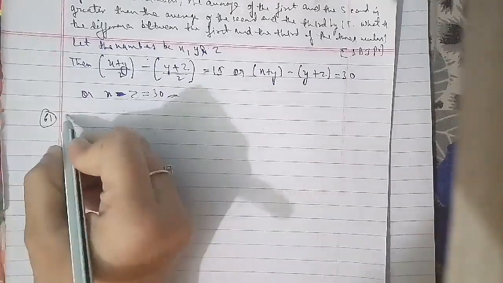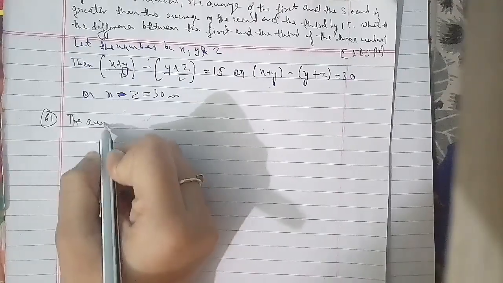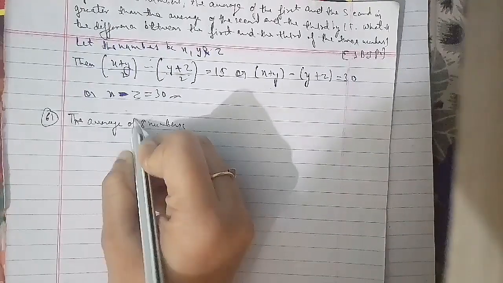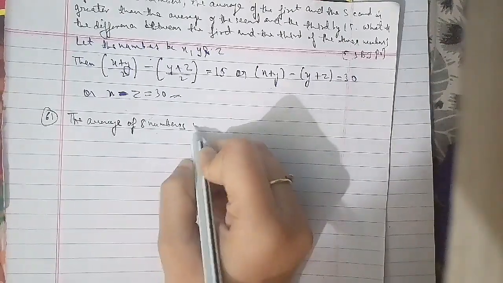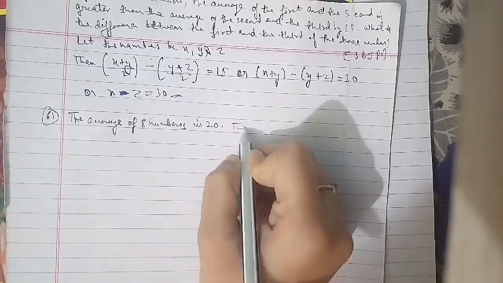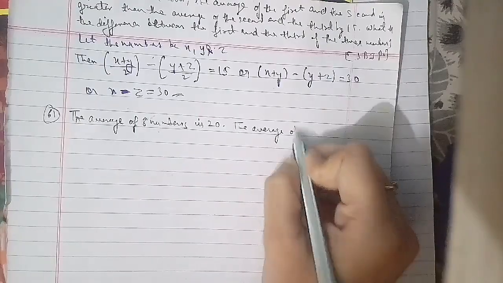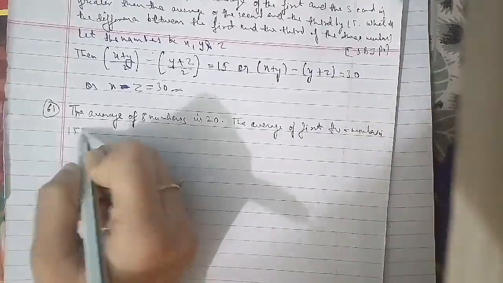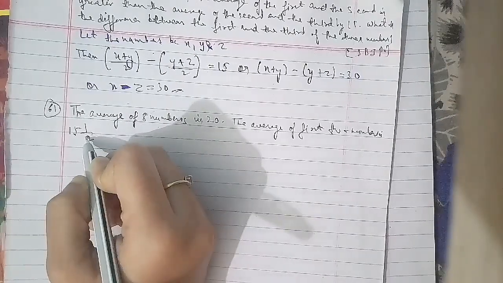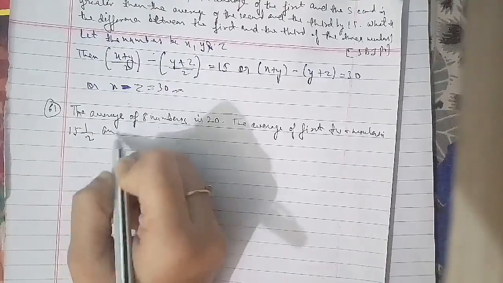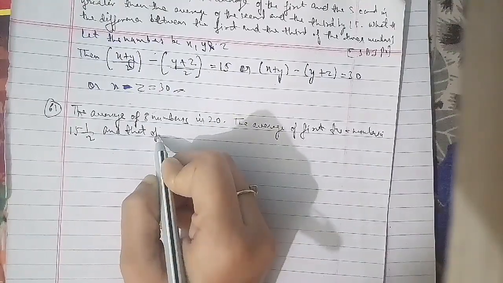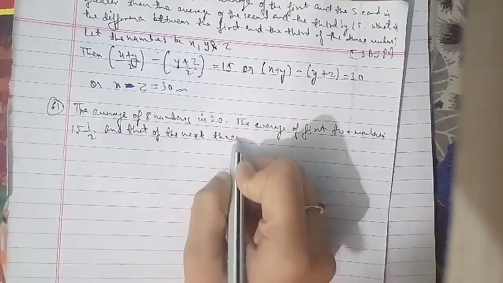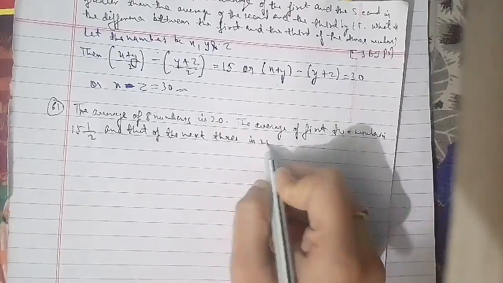Let's go ahead. The average of 8 numbers is 20. The average of the first two is 15 1 by 2, and of the next three is 21 1 by 3.